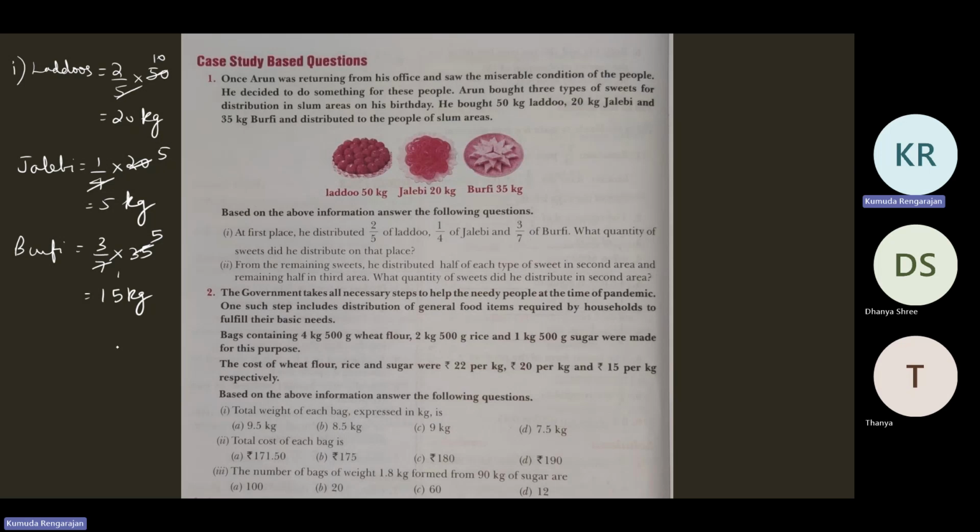What's the total quantity he distributed? Total quantity he distributed is 40 kgs. Yeah. Next one. From the remaining sweets, he distributed half of each type of sweet in a second area and the remaining half in the third area. What quantity of sweets did he distribute in the second area?